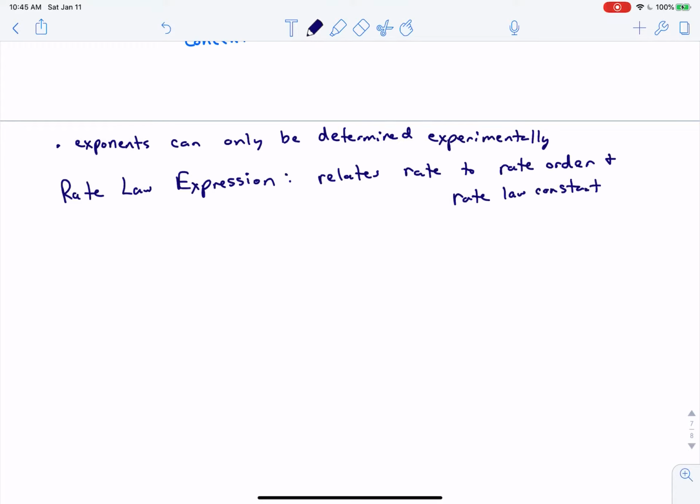And remember, expression, not equation. Okay, so expression doesn't have any numbers in it. It's just mostly variables. Okay, so rate law expression looks something like this. Rate equals lowercase k, A to the m, B to the n, C to the p.